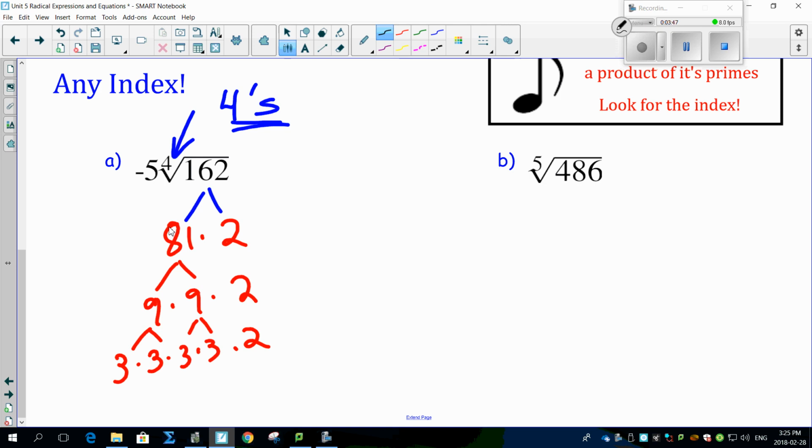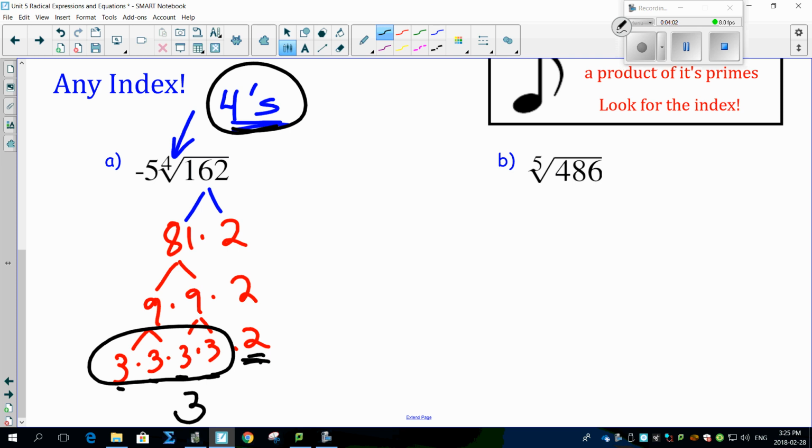Now, check it out. You are looking for groups of 4. 1, 2, 3, 4. And just like before, you take one representative out. There's the 3. Leave whatever is left under the original radical, which is 4th root of 2.